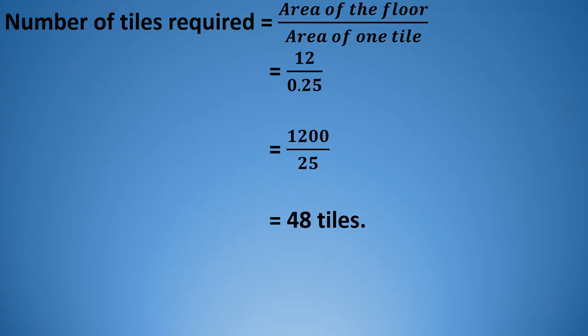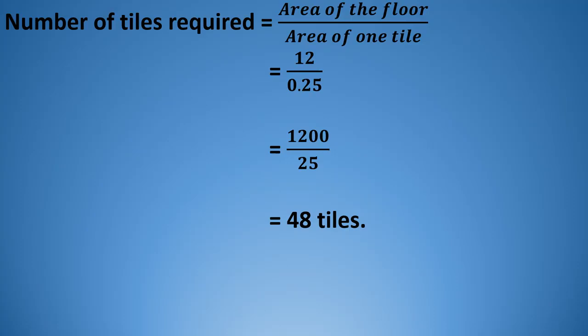Clear? What have we done in this question? First of all, we found the area of the floor. Then we found the area of one square tile. And after that, to find the number of tiles required, we divide the area of the floor by the area of the tile.